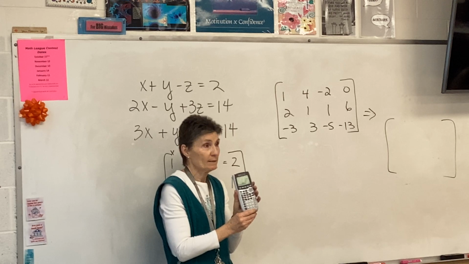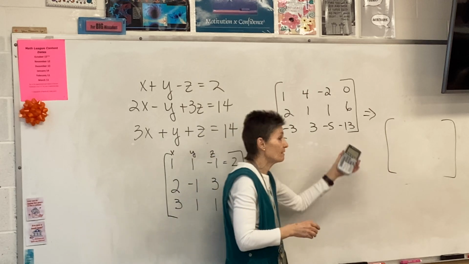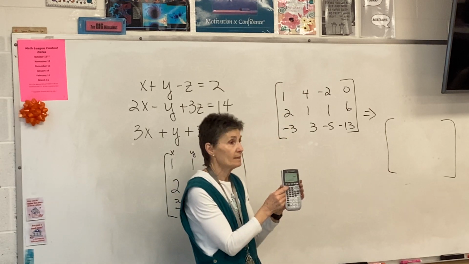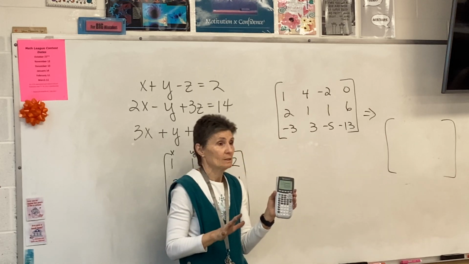Okay, do we have them all in? As soon as we get them all in, we put in that negative 13 and press enter. Then we're going to quit. So second, quit. That takes us out of matrix mode.